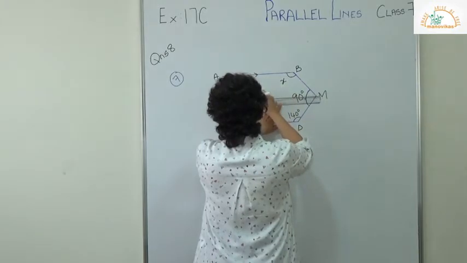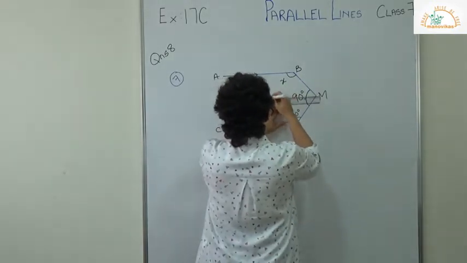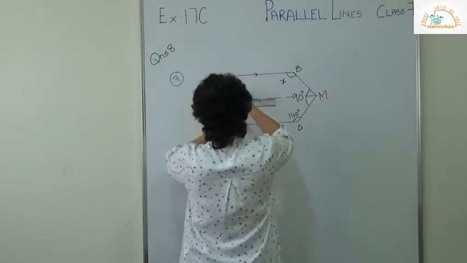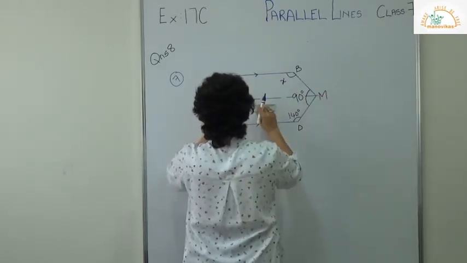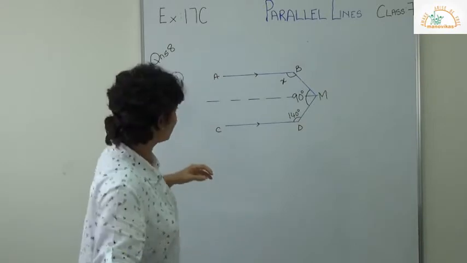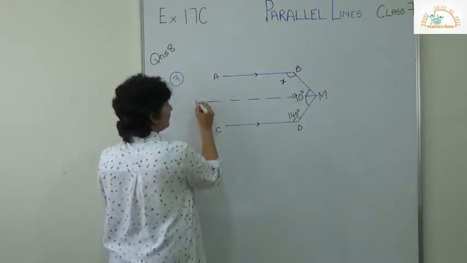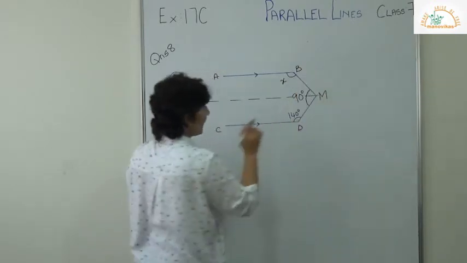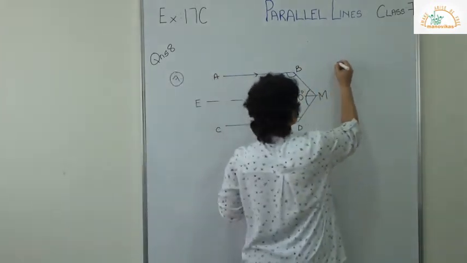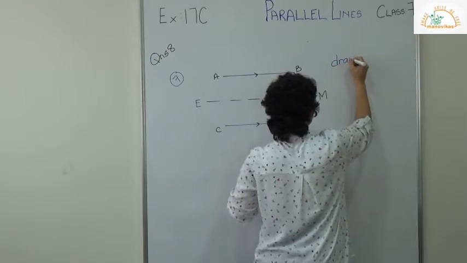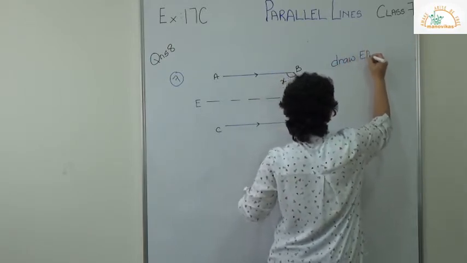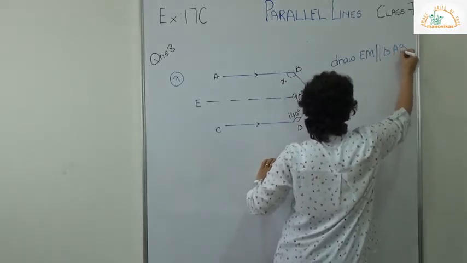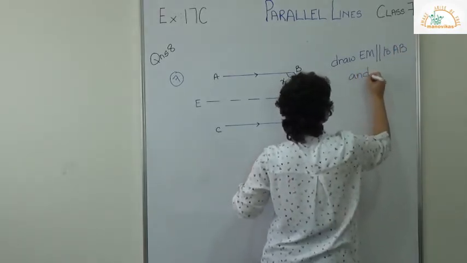You have to draw a line which is parallel to AB. So let's write EM. So draw EM parallel to AB and CD. So that's the first thing you're going to write. Draw EM parallel to AB and CD.